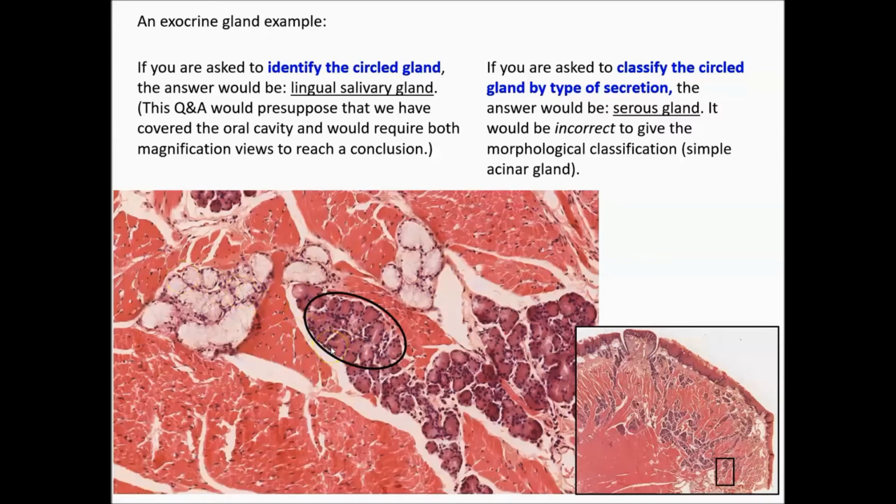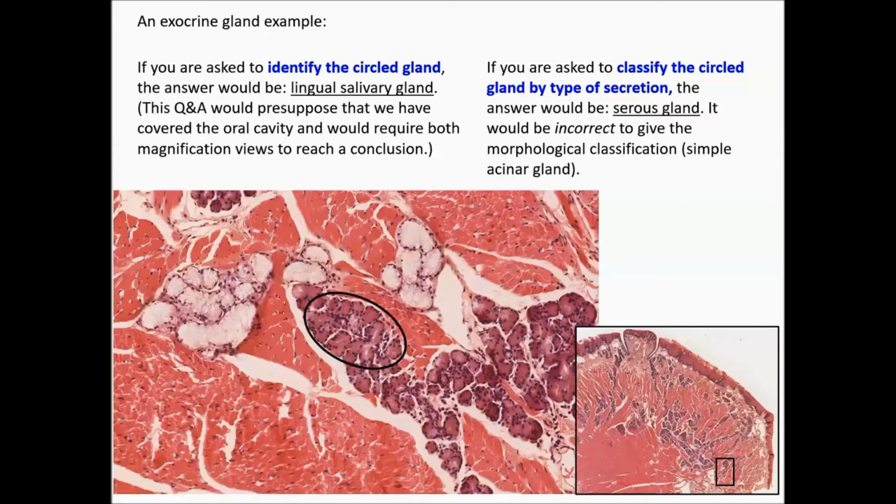However, if I asked you to classify the circled gland by type of secretion, then your answer would be that it's a serous gland. It would be incorrect to give me a morphological classification because I haven't asked for that.